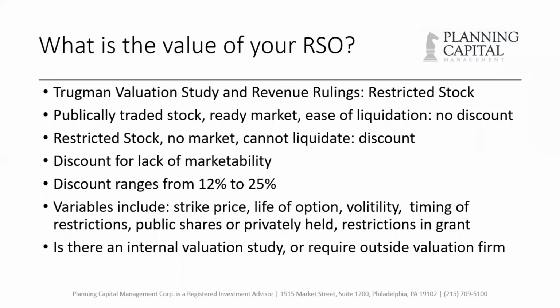If you were thinking about maybe gifting RSOs, you want to look internally to see if there's a valuation study. I've seen a number of instances where a number of employees wanted to do the same kind of planning, and together they hired an outside valuation firm to affix the discount.